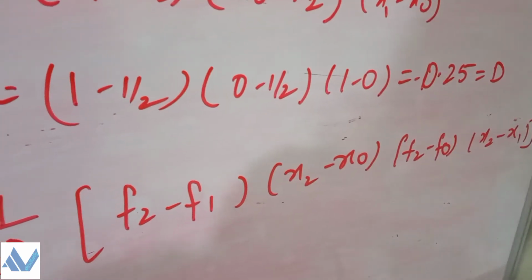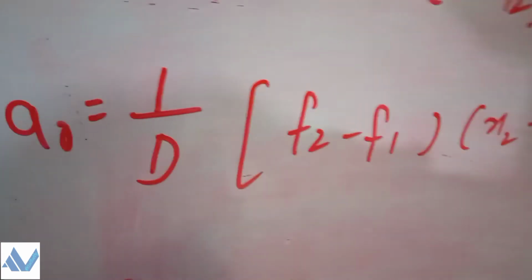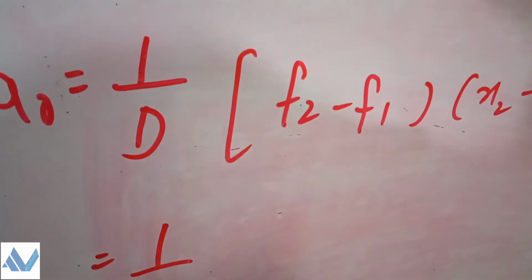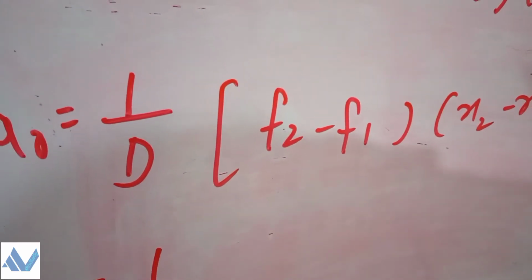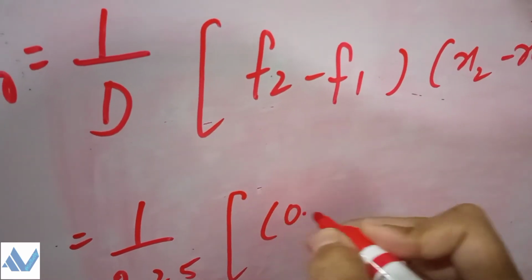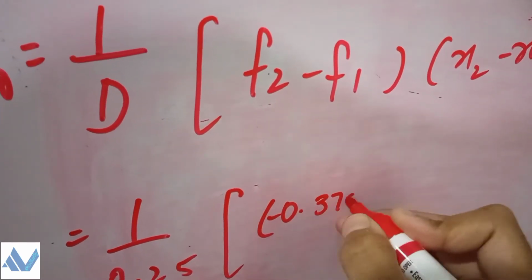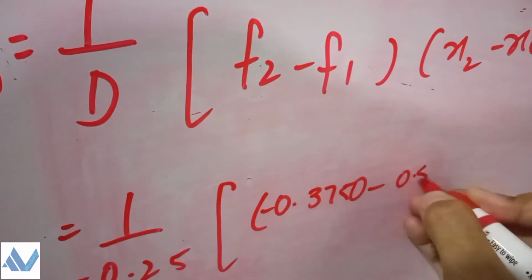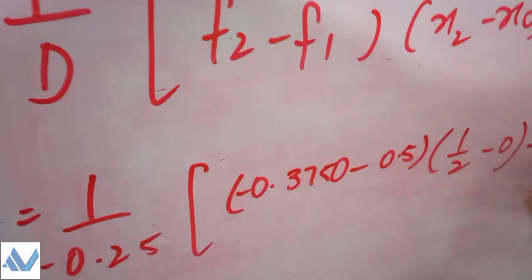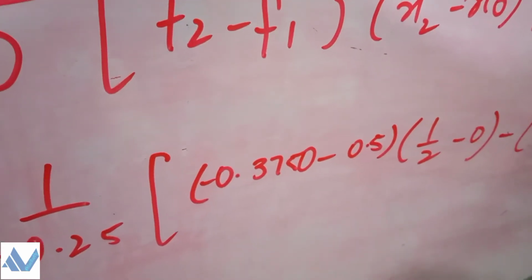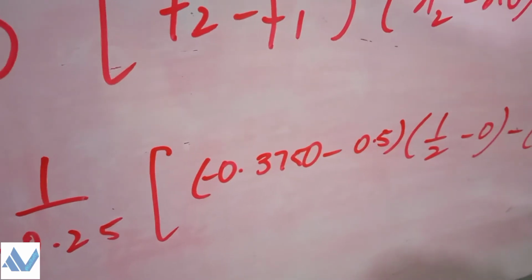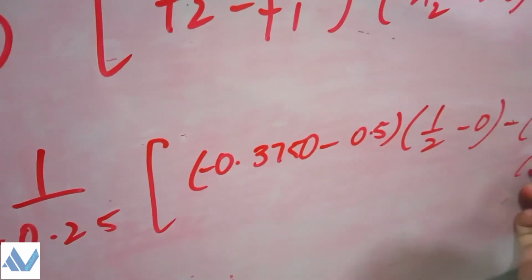Now we substitute the f2 and x values. 1 by d, where d is minus 0.25, times f2 which is minus 0.3750 minus 0.5 over x2 value half minus 0, minus of minus 0.3750 plus 0.5, minus into minus becomes plus, over half minus 1.